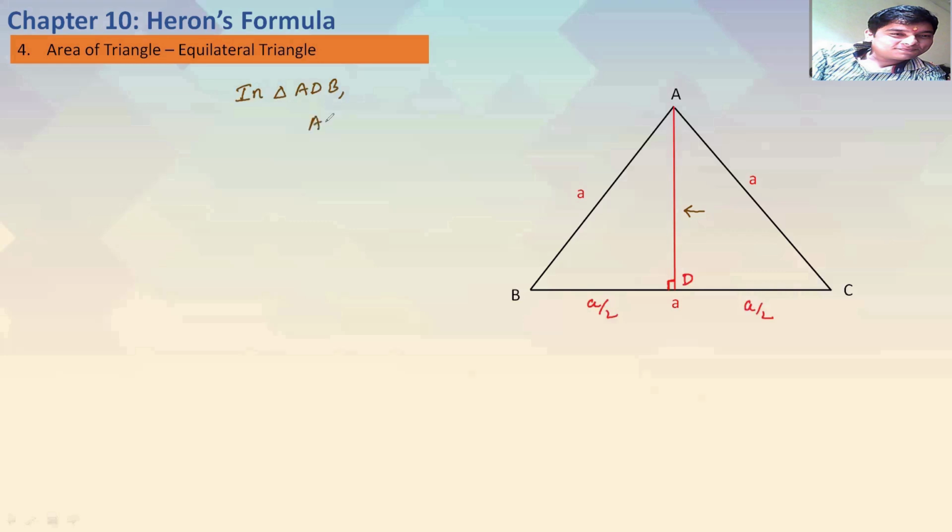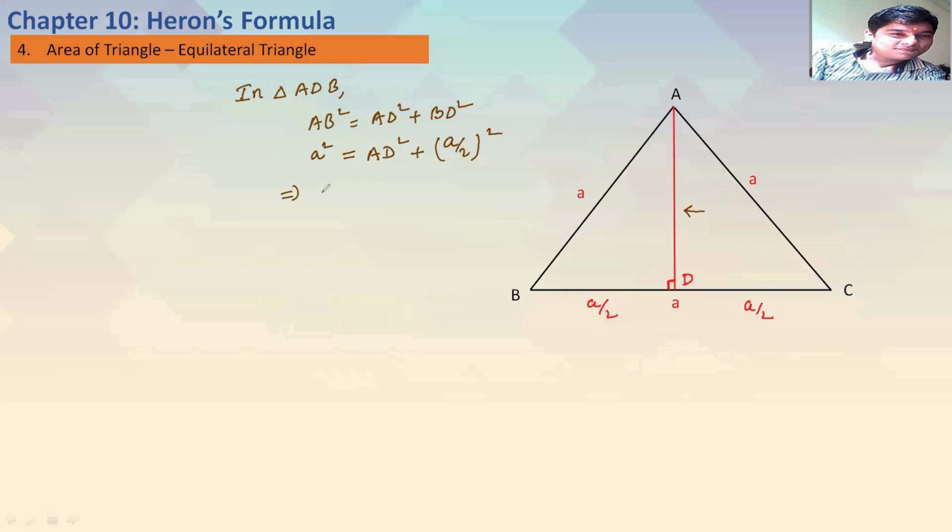AB square is equal to AD square plus BD square. So A square equals AD square plus A by 2 whole square.